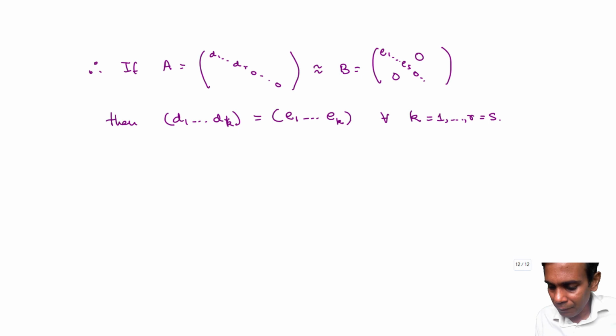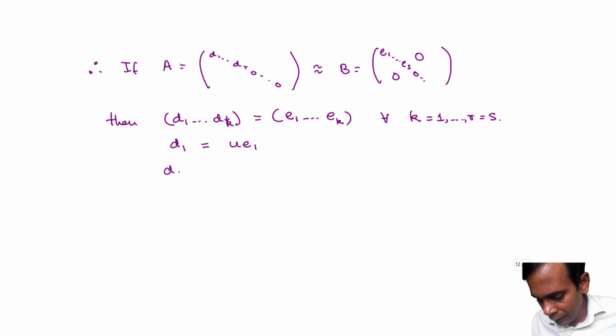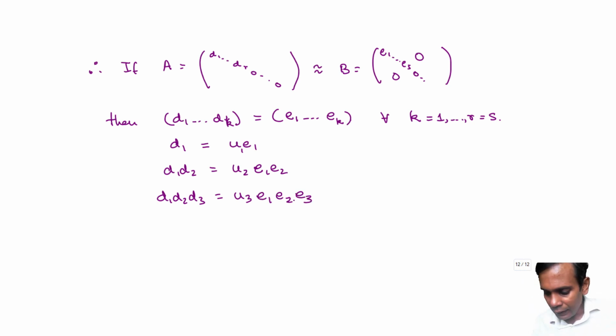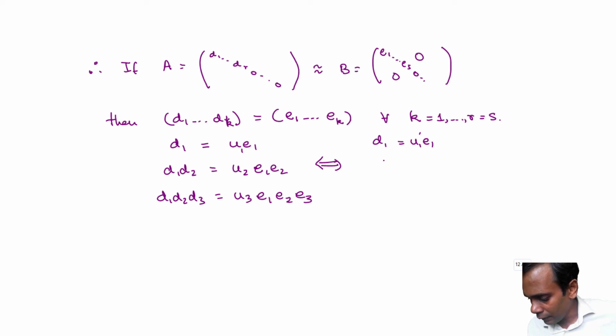Already we see that. And so what this means is that firstly D1 is some unit times E1, D1 D2 is some other unit times E1 E2, D1 D2 D3 is some other unit times E1 E2 E3. And using these identities, you can also show inductively that D1 is some unit times E1, D2 is some unit, maybe different from this, times E2, and so on.